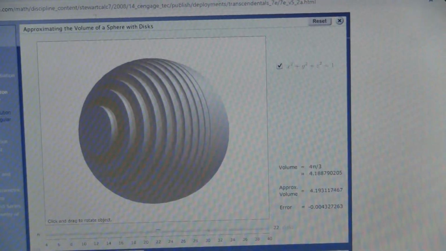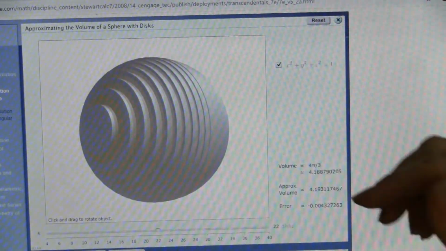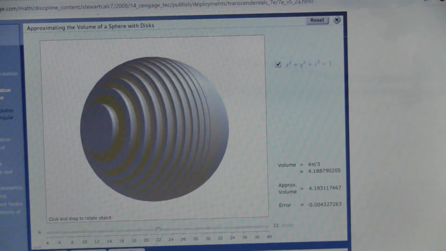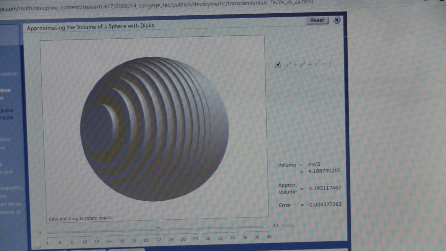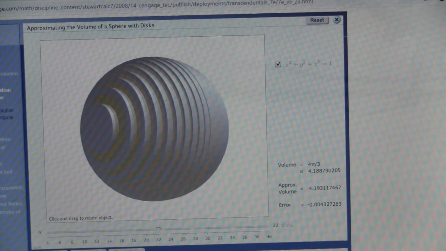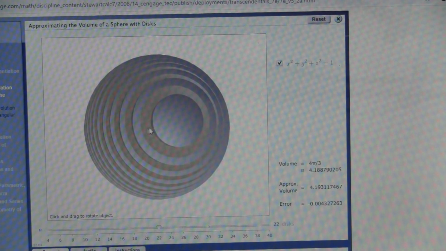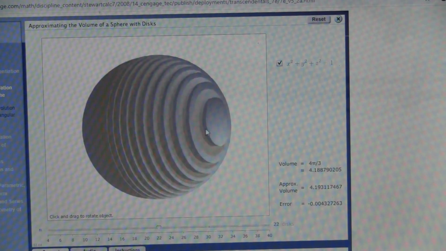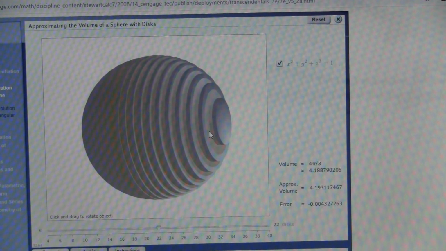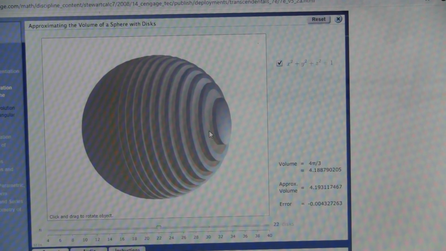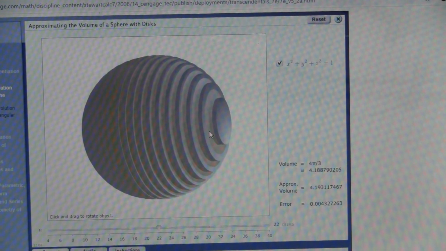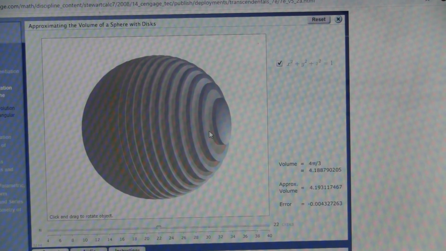I've given you the link for this, but this is something on Cengage's website, and it's a manipulative. This one is just of a sphere, and of course the volume of a sphere of radius 1 is 4 pi over 3, right?